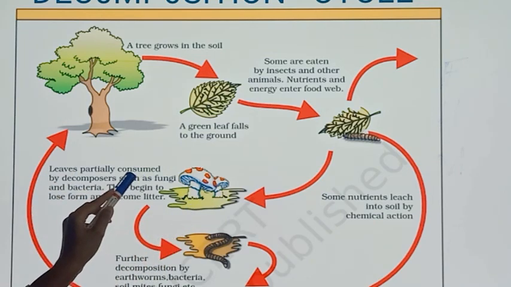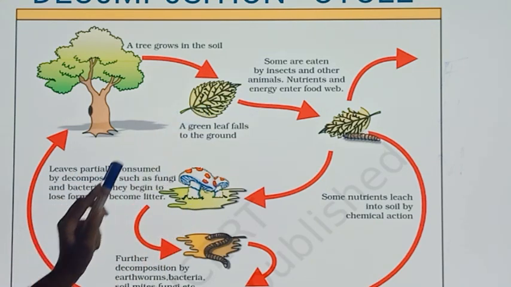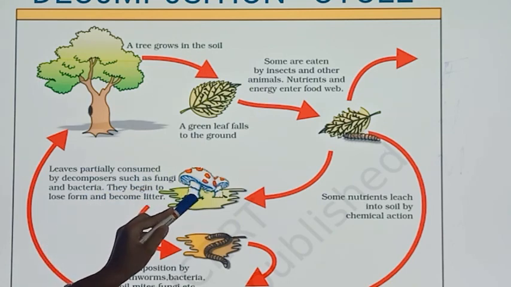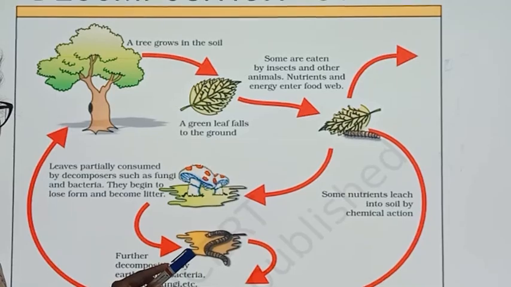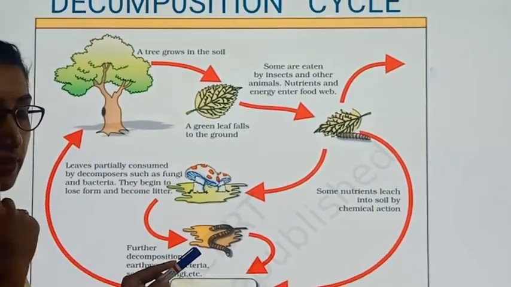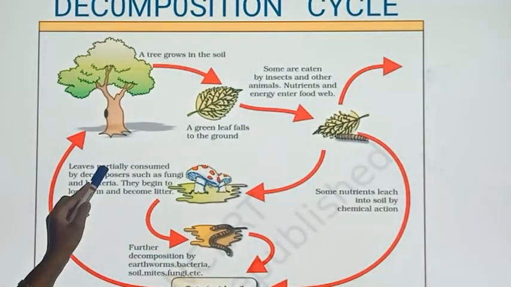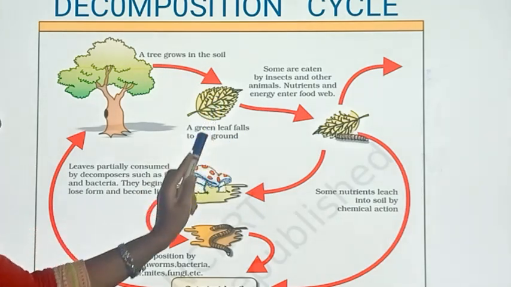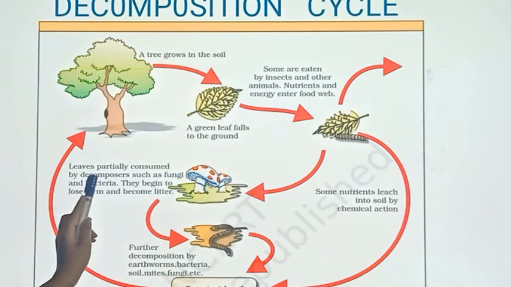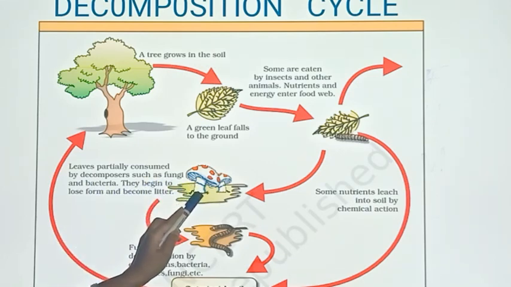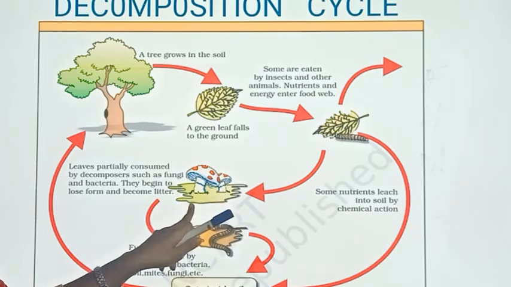Here they have given the picture of a mushroom, the Agaricus, which belongs to fungi. The leaves might be partially consumed by decomposers such as fungi and bacteria. They begin to lose some form and become litter.